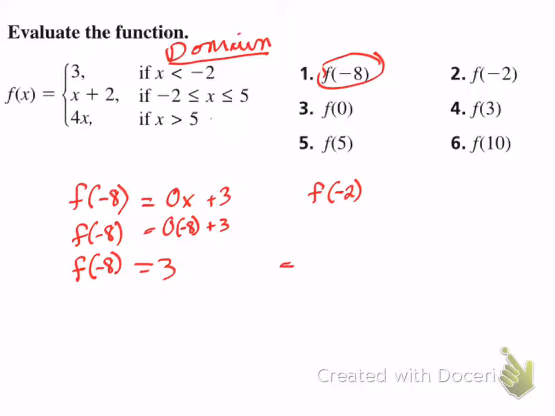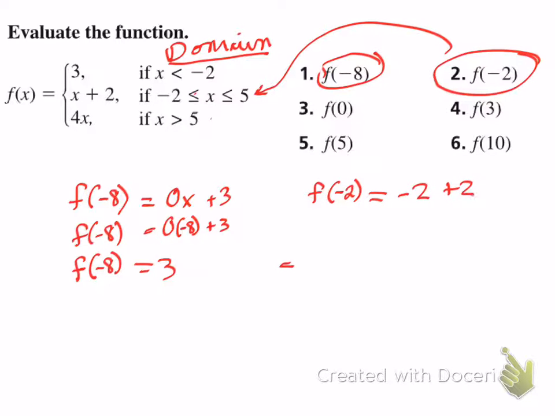Negative 2 is less than or equal to x, which is less than or equal to 5. Perfect. So it goes with that domain. So now I'm using that equation. Is everybody understanding? Yeah. Negative 2 plus 2. So the f of negative 2 equals what?